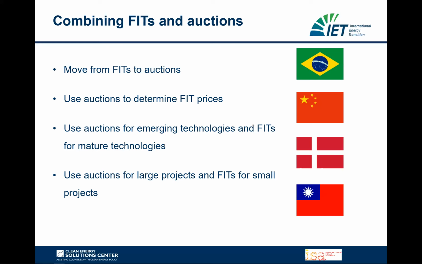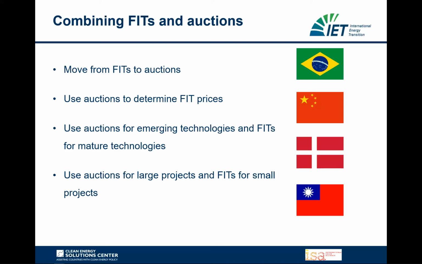And what most countries are doing is what I depicted in the last bullet point, to use auctions for larger scale projects and then feed-in tariffs for smaller scale projects. They're doing this in Taiwan, but they're also doing it in many other countries around the world, including most European countries. The reason for this is related to what we've discussed before, that some of the smaller scale projects do not want to handle all the administrative burden and costs that are related to an auction.